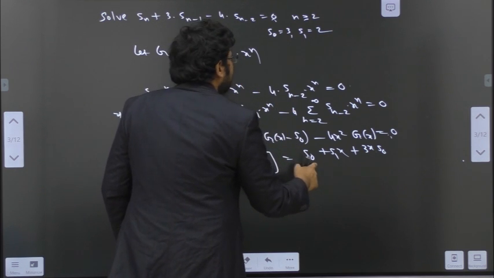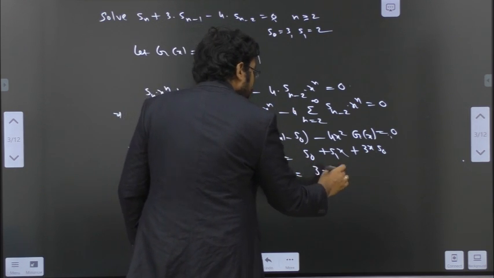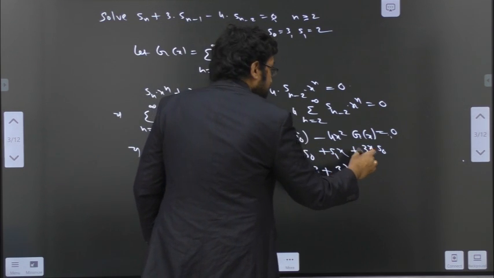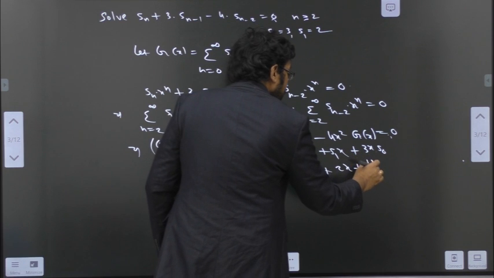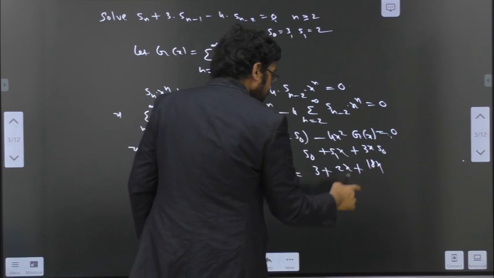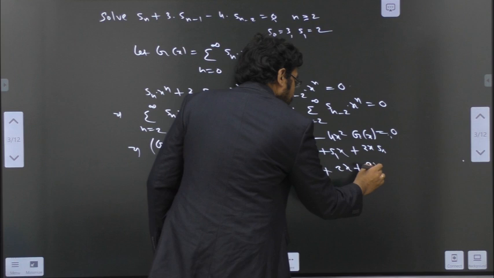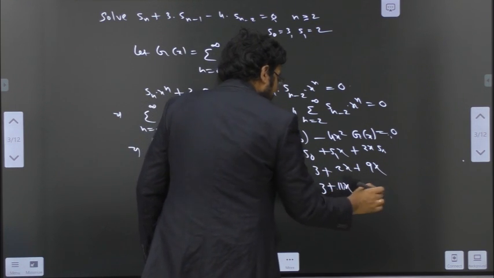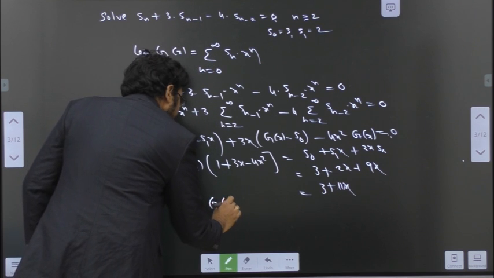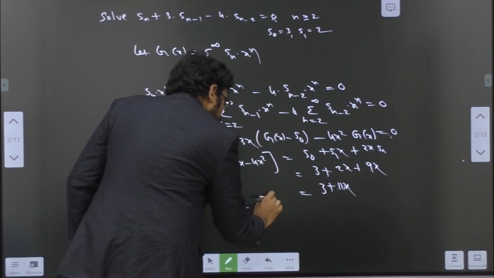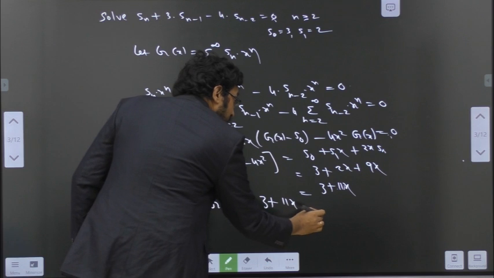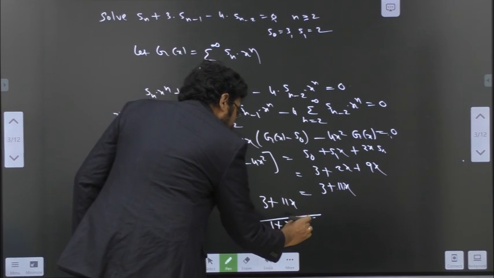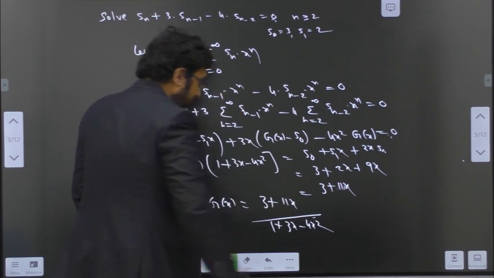So we will get S_0 means 3, plus S_1 2x, plus 3 into 3 times... S_0 means 3 into 3, 9x, so 9x here. So 3 plus 11x, this becomes g of x equal to 3 plus 11x by 1 plus 3x minus 4x square.